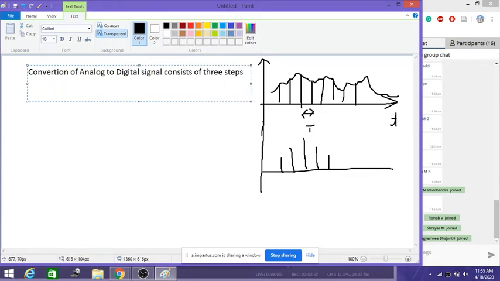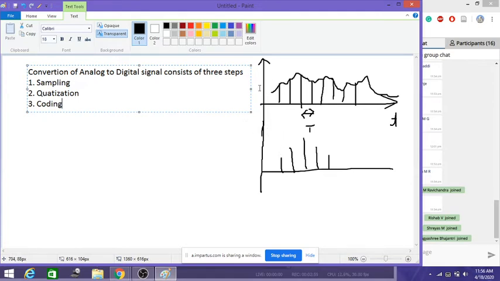First one is sampling, second is quantization, third is coding. We will not go into much detail of what quantization and coding are, because again it will take a lot of time, so that is not within the scope of this video.